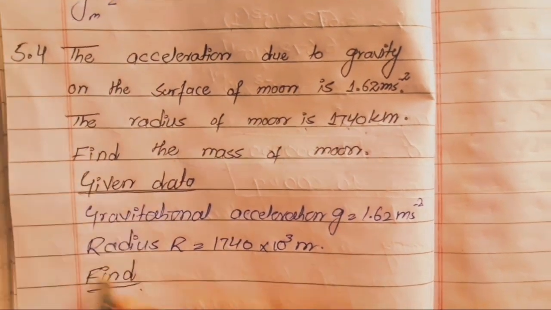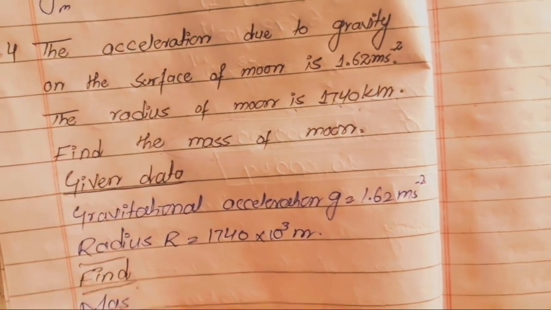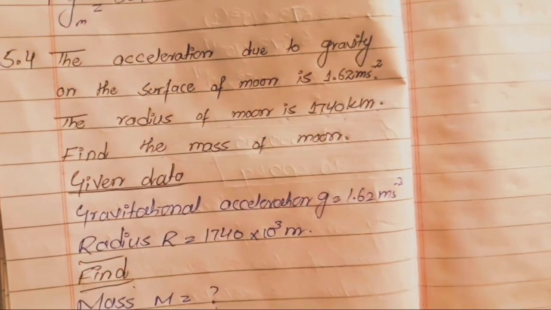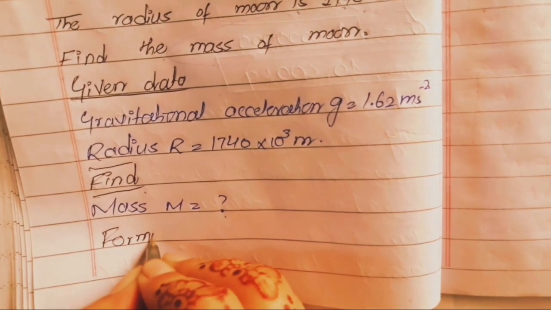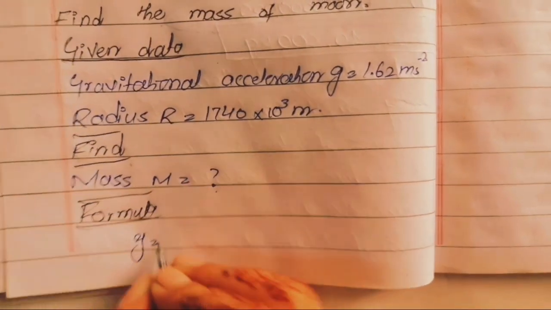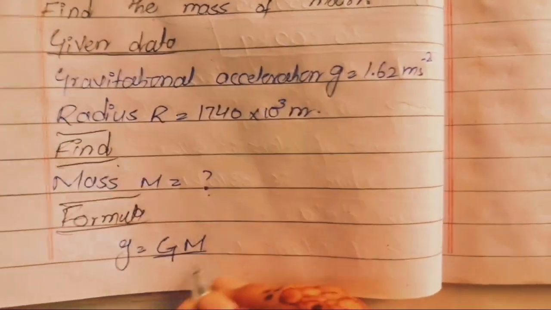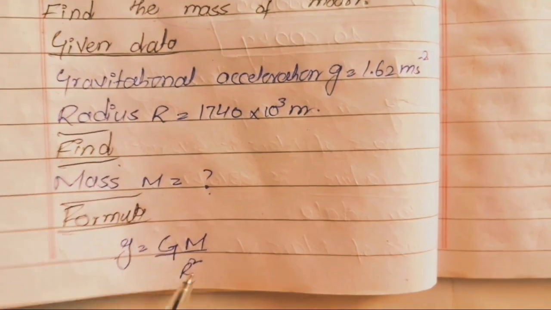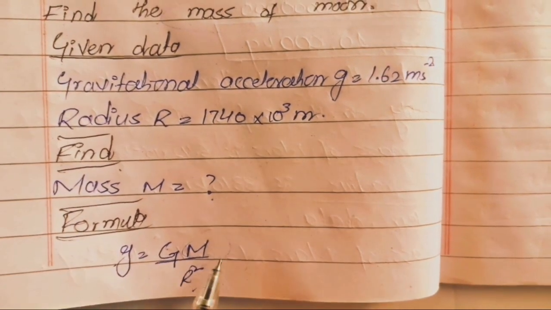To find the mass of moon, we will use the formula g is equal to capital G m over r squared. After that, we will rearrange the formula. We will multiply g with r squared and divide by capital G, because we have to find out the value of mass.